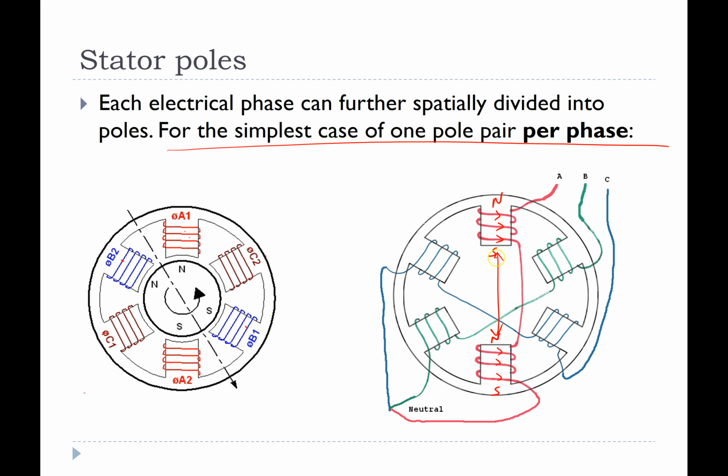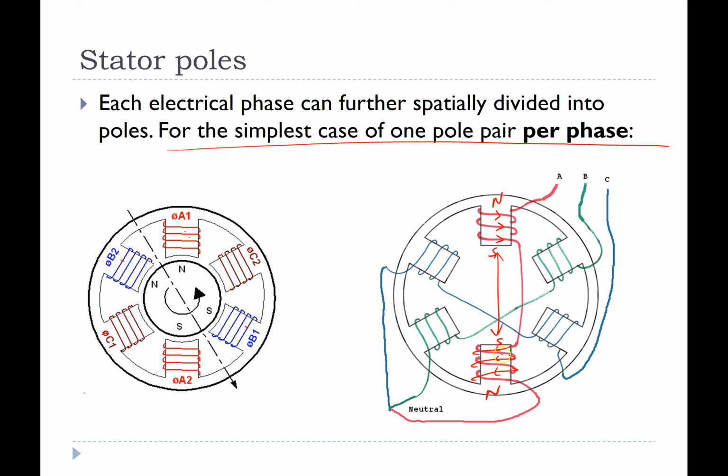So we want these poles to be opposite. If we wrapped it the other way, then the current would go, say when we got to this point here, instead of going around the back, if we came around the front and the current went this way, then what we would end up with is north here and south here. So we don't want that.